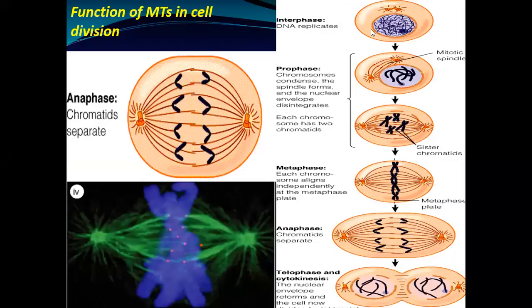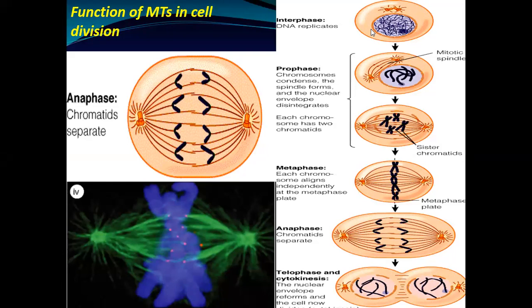So you can see when you have a cell division, right? In the interphase, DNA replicates, and in prophase the chromosomes condense, the nuclear envelope disintegrates, and you can see the formation of a spindle.